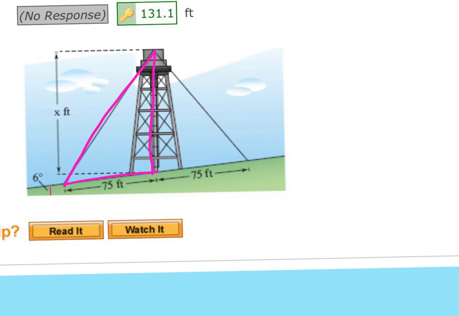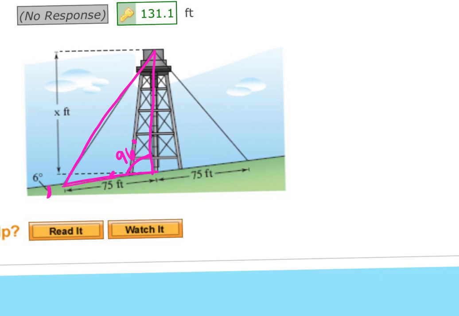So be prepared, okay? Because it says that it's 6 degrees slope, remember that 6 degrees can go in either of those places. It can either go from the ground up or it can go from horizontal down. Those are alternate interior angles, so I could put them in either spot. Which means that this full angle here is your 90 degrees plus the slope, which means this is 96 degrees.